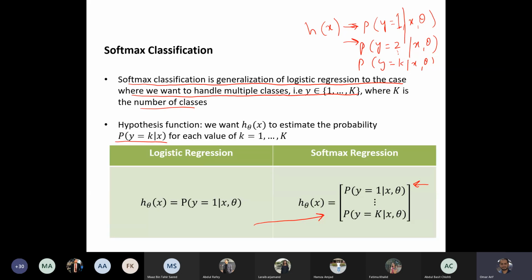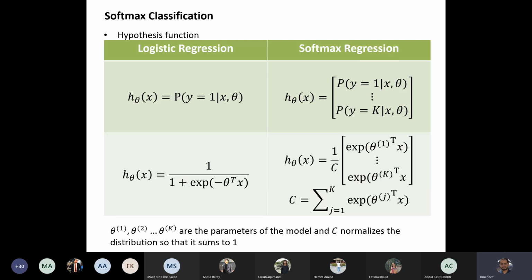Let's see how we can now obtain this probability. This was the prediction before, and this is what we want now. What we are going to do now is compute this value for each class.